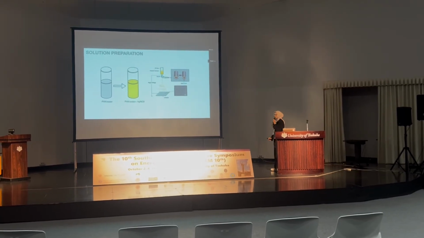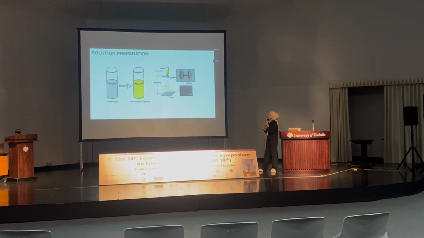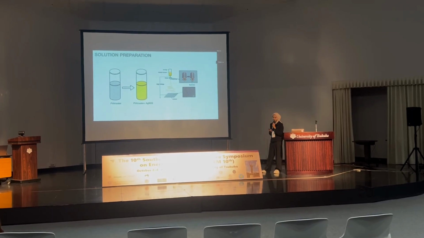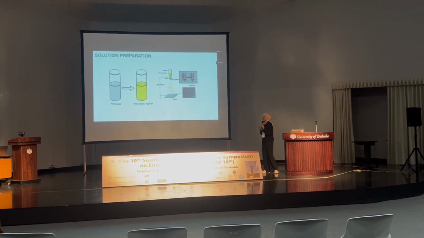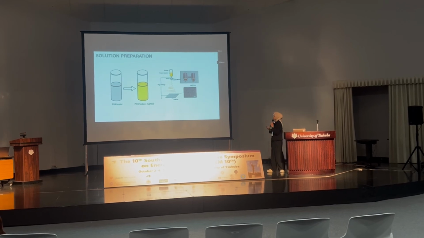In this work, I will focus on the preparation of the nanofiber, in which PVA was selected as the polymer, and water is selected as the solvent, because water is a good solvent for PVA.